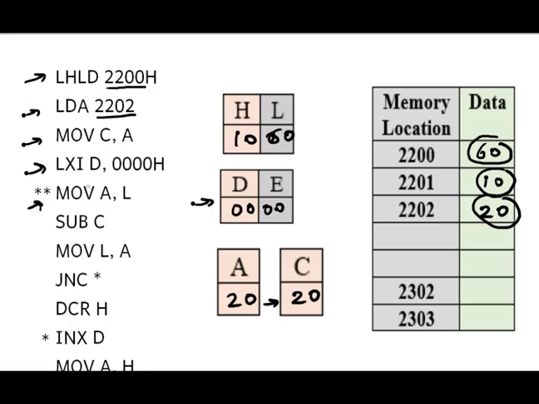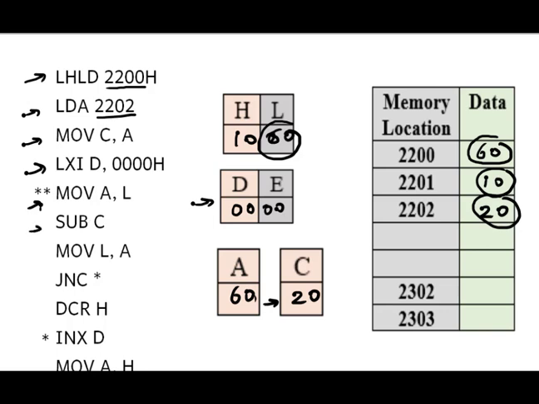Then the next instruction is the loop where the actual division starts. First we transfer the data from register L to A. As we know, L contains 60, so MOV A, L transfers the data from L to A. So A also becomes 60.